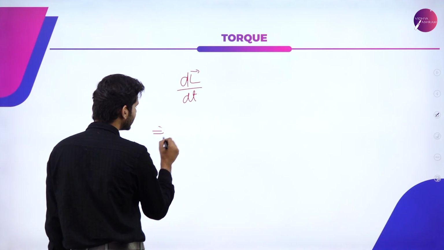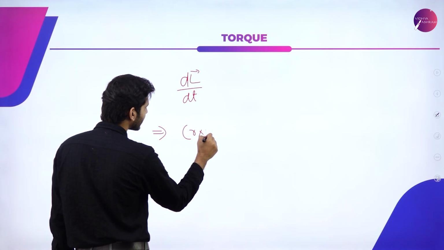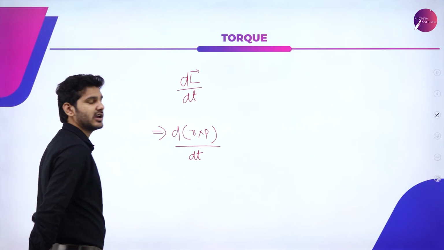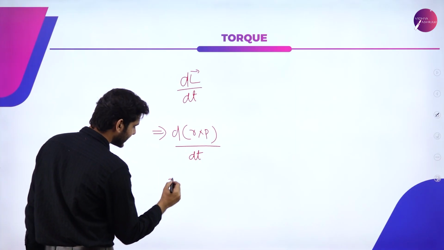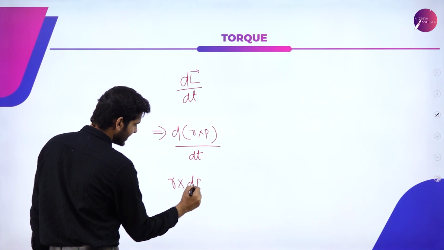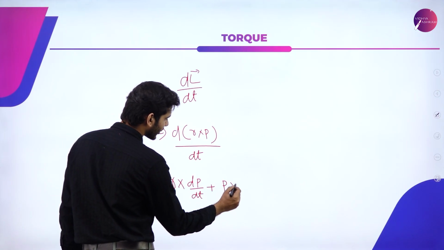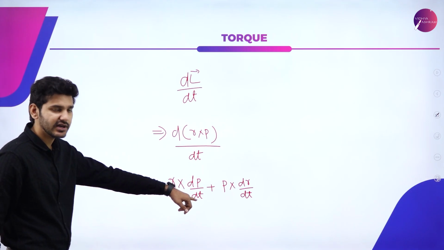L is nothing but r cross p. So d by dt of r cross p. We applied the chain rule and got r cross dp by dt plus p cross dr by dt as the result of this derivative.